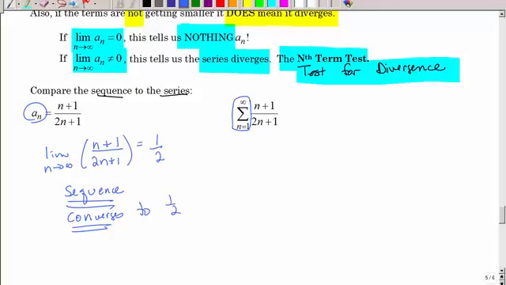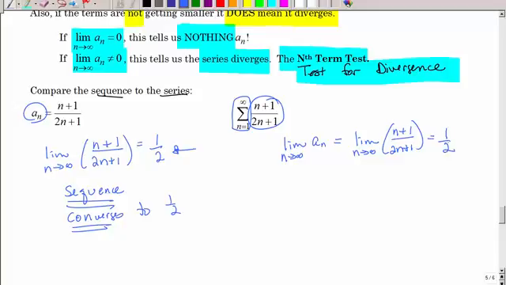But now let's look at the series. The limit as n approaches infinity of a sub n, which is n plus 1 over 2n plus 1, is what we just did over here.